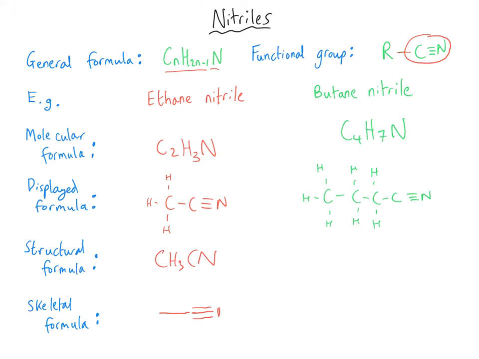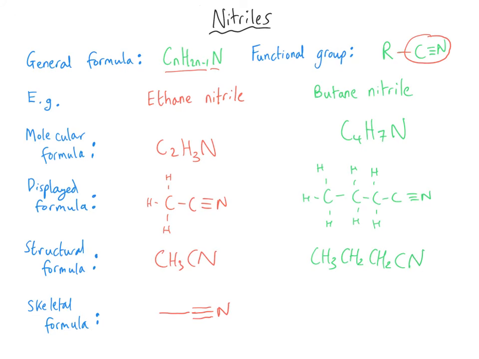Now this is a little bit funny because it doesn't follow the zigzag pattern that you normally get for skeletal formula, but the reason for that is that the angle between this carbon to carbon bond and this carbon to nitrogen bond is actually 180 degrees, so we do show this in a line.